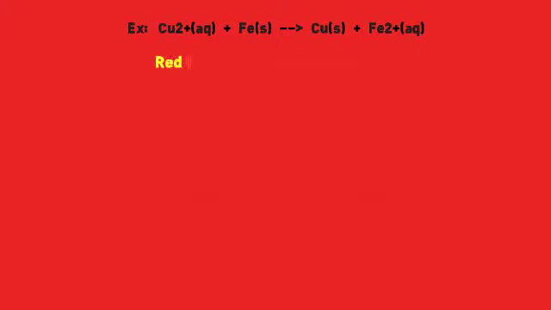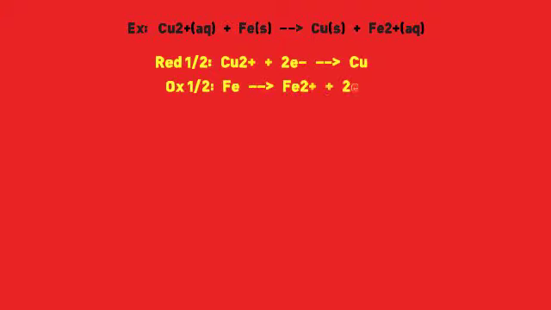Looking at this example, Cu2+ plus Fe yields Cu plus Fe2+. Write the half reactions. The reduction half, Cu2+ plus 2 electrons yields Cu. The oxidation half, Fe goes to Fe2+ plus 2 electrons. And now look up their cell potentials, please.